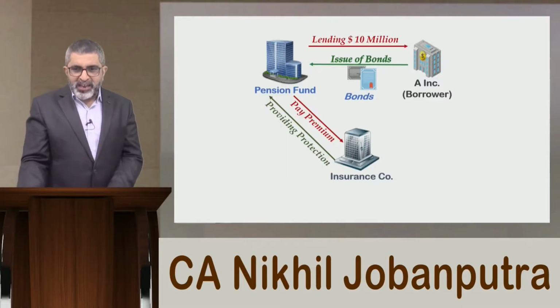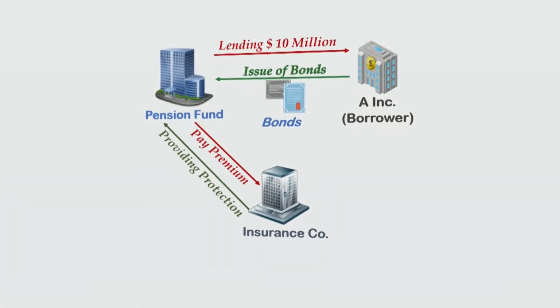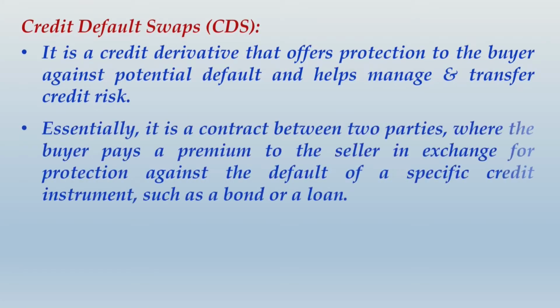So let me take you ahead in this, and let us write some additional notes over here. Further, you need to write something about credit default swaps. It is a credit derivative that offers protection to the buyer against potential default and helps manage and transfer credit risk.